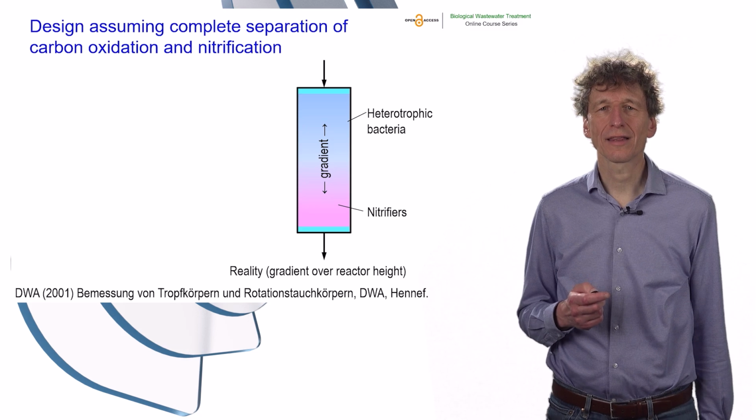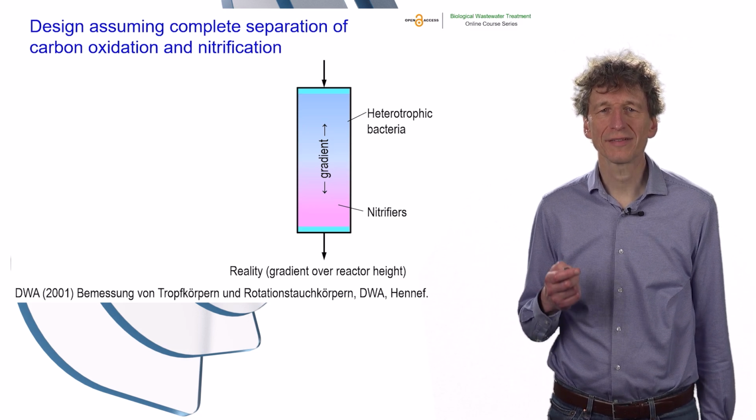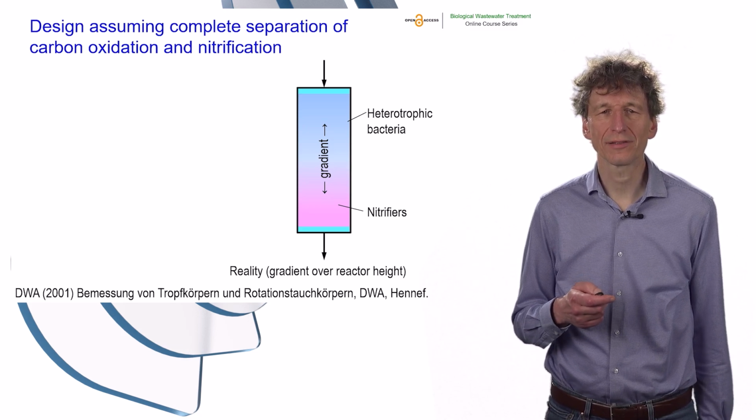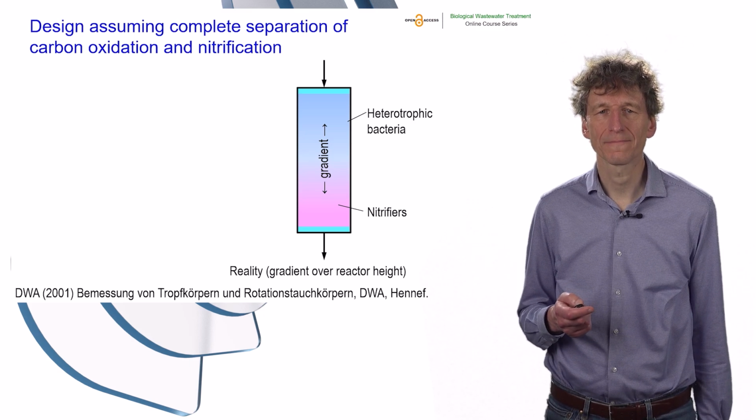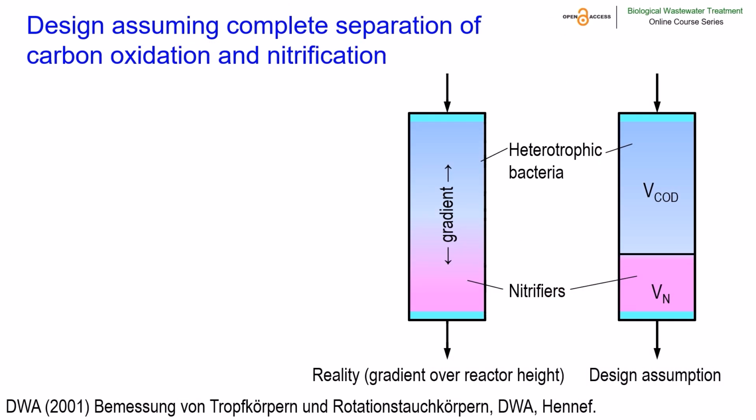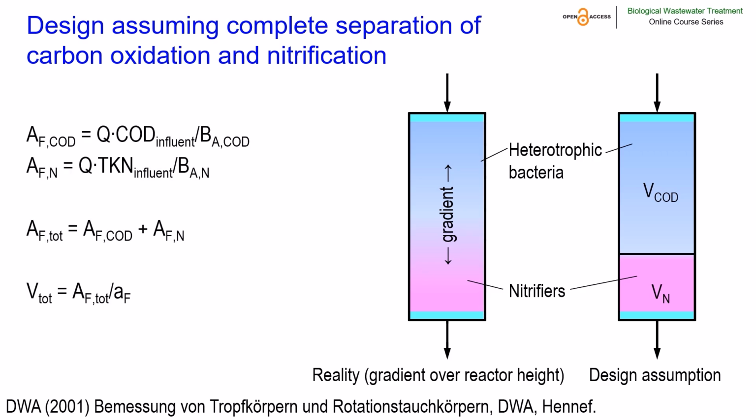How to design in light of this complex interaction between heterotrophic bacteria and nitrifiers? One approach is to neglect the gradient and to calculate separate volumes for BOD oxidation and for nitrification, as is shown on the right. The volume for BOD oxidation is determined so that complete BOD oxidation can be achieved in the upper volume.